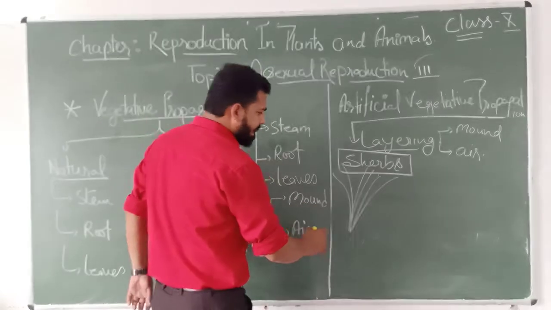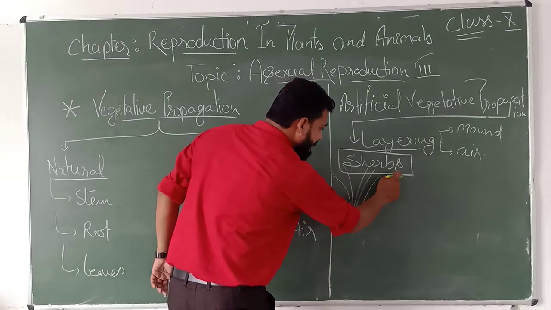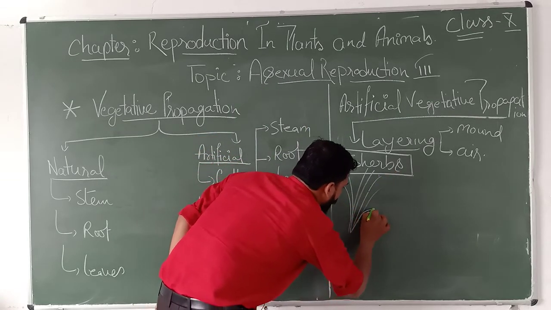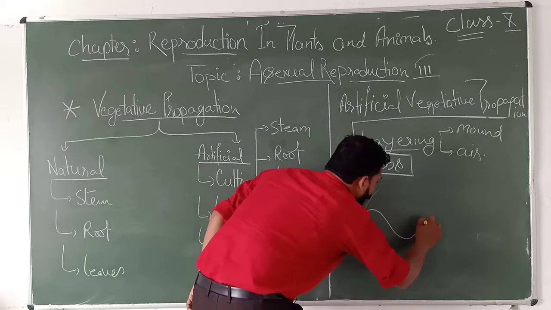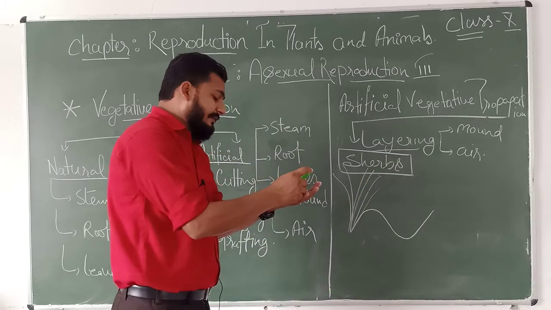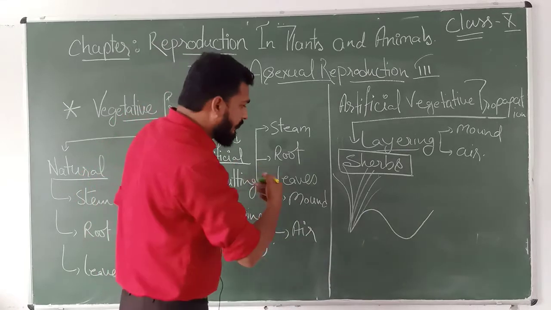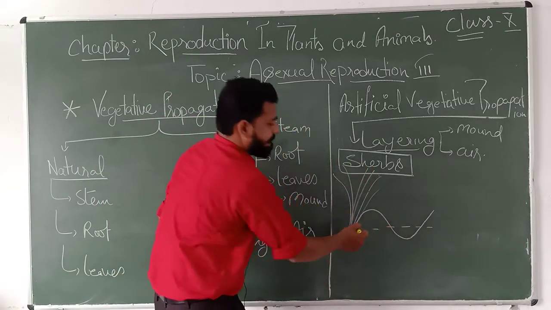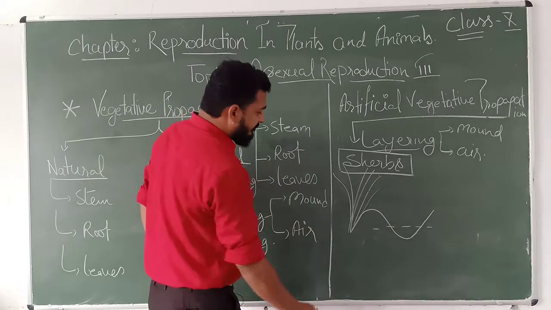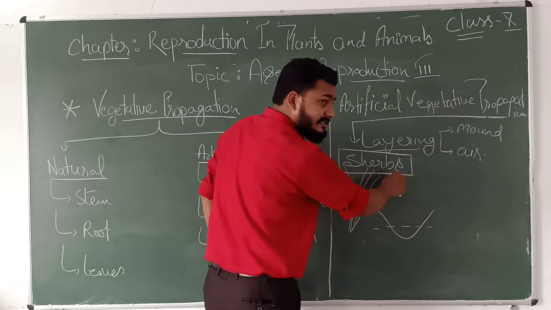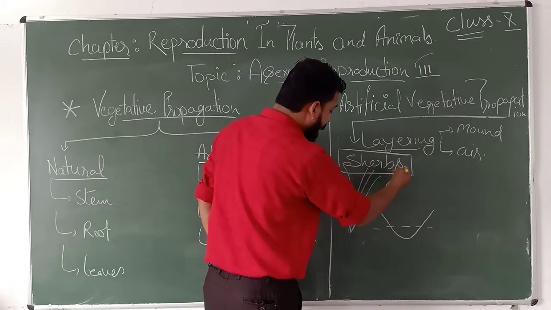So what we do, we take this stem and rearrange it because it is flexible. We put a part of the stem under the ground. See what we have done. We just took this stem which was moving high.